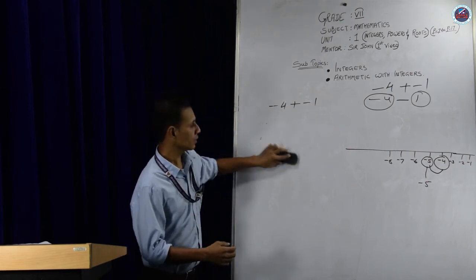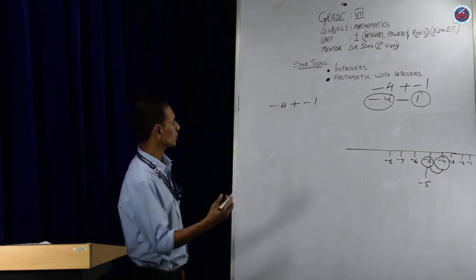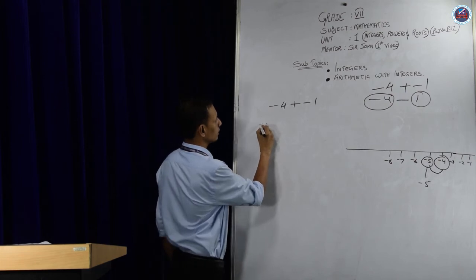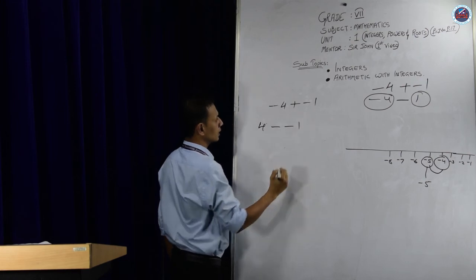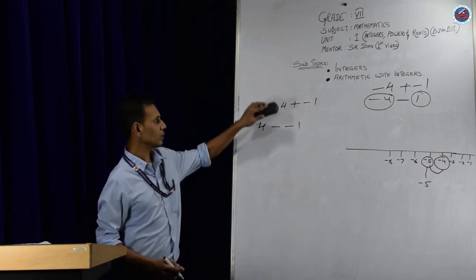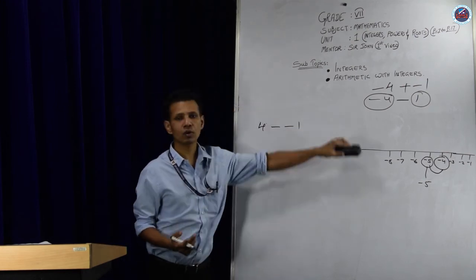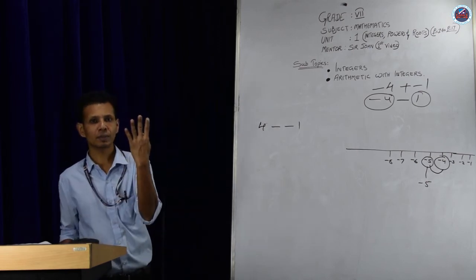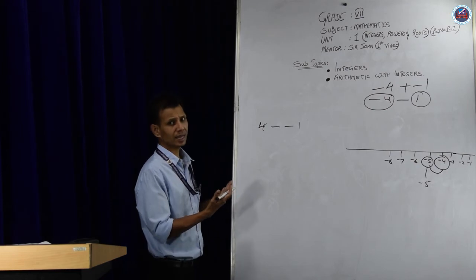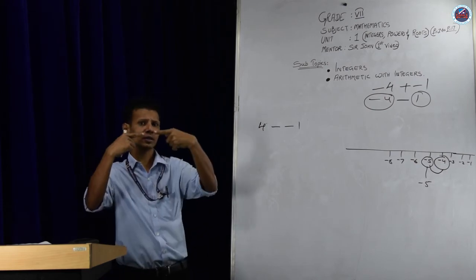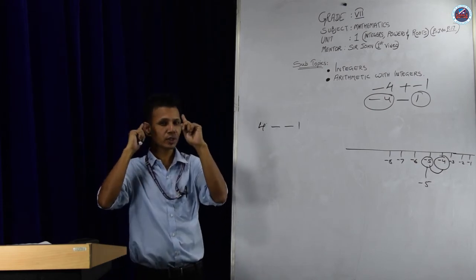I'll try to give you some idea about this also. Now let me take plus 4 minus 1. We have already discussed the 4 types of numbers with different sign arrangements. As I already told you, when two signs face together, the first duty is to work that out.